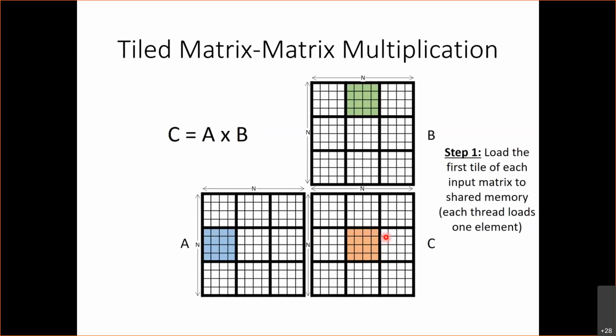Every thread in my thread block is going to load 1 element in this tile, as opposed to originally, where this thread was going to load 1, 2, 3, 4 elements from this tile. But now it's only going to load 1 element from this tile. The other elements will be loaded by the other threads, and then this thread will access them from shared memory.